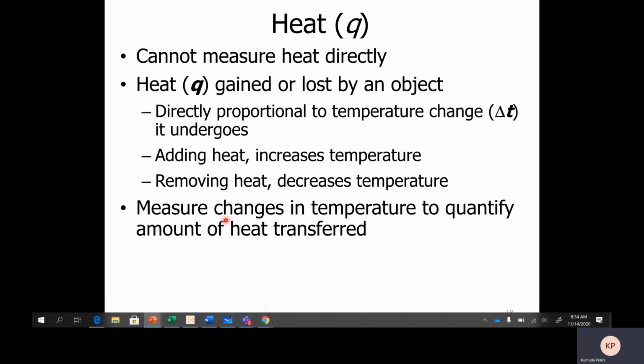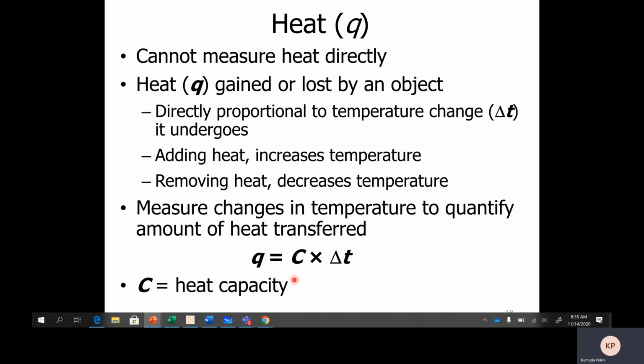So, measuring the amounts of change in temperature will help us to quantitatively analyze the amount of heat transferred during that process. So we get an equation: the heat gained or lost equals C multiplied by delta T.